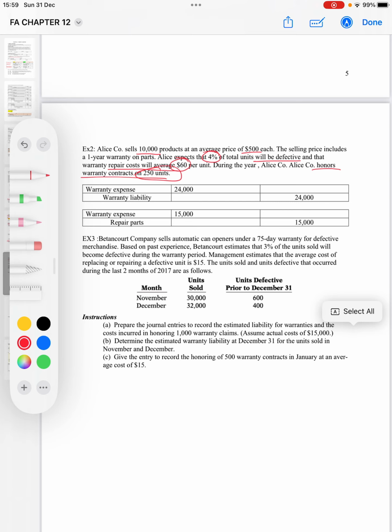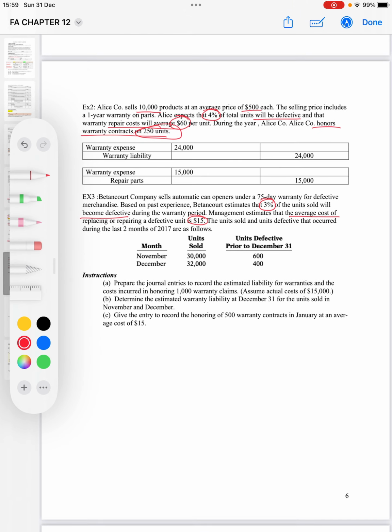Okay, let's do another exercise to understand more. In exercise number 3, this company sells automatic can openers. They said that 3% will be defective, and the average cost, we can say the repair cost, is $15.